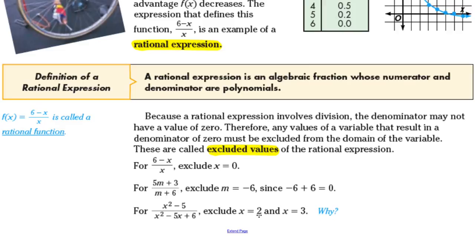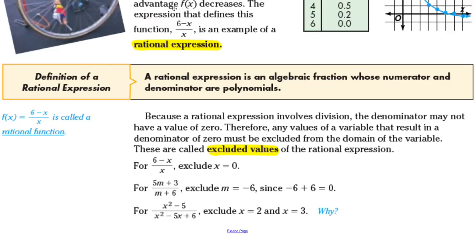Because if you substitute x with 2, you'll find out that the denominator will be equal to 0, because this is 2 squared, which is 4, minus 5 times 2, which is 10. So 4 minus 10 would be something like this.